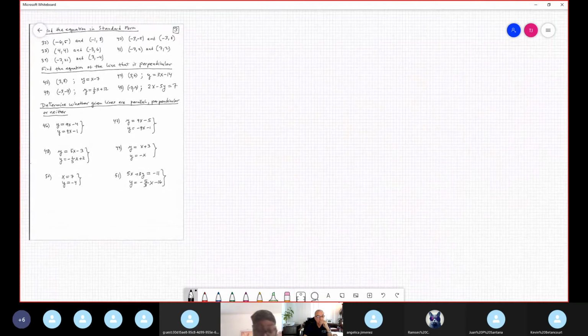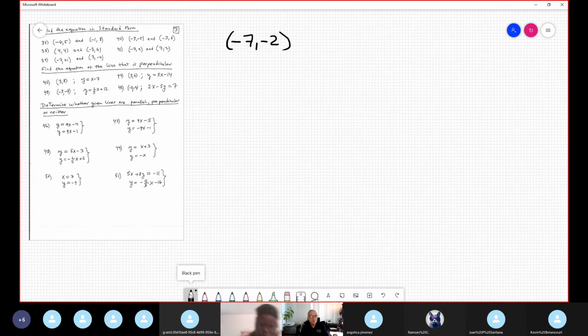On 45, the point is given again: (-7, -2). And the line given now is expressed in standard form. If it's expressed in standard form, it's not clear what the slope of this line is. What should I do then?